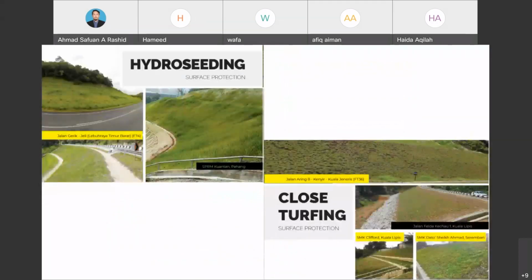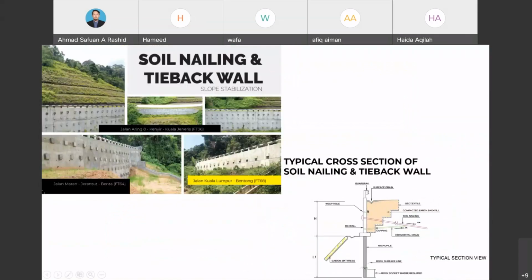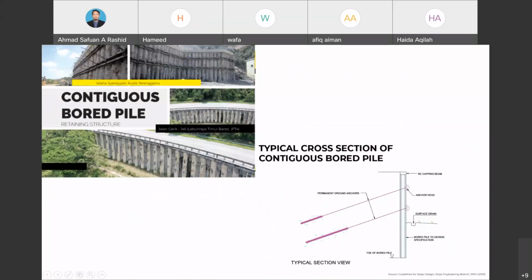Where is the bore pile? This one. So this is for more than 6 meters height. This is a type of retaining structure.